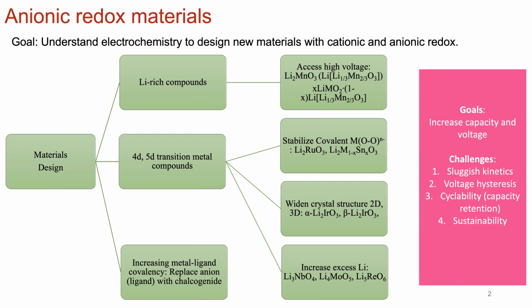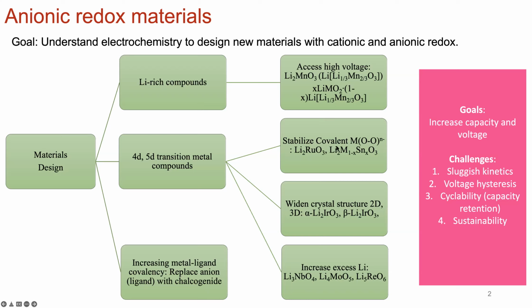And so the three themes here are, to design lithium-rich compounds. And so we'll talk about why you would want to do that for accessing high voltage. In terms of accessing materials with potentially anionic redox, people have moved to including 4D and 5D transition metals in the compounds.